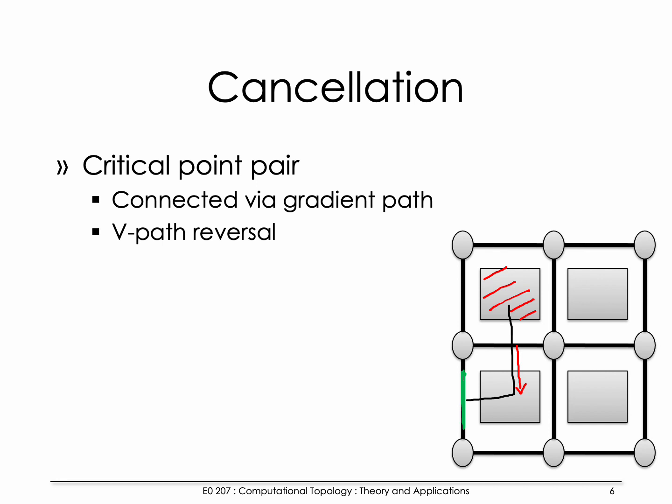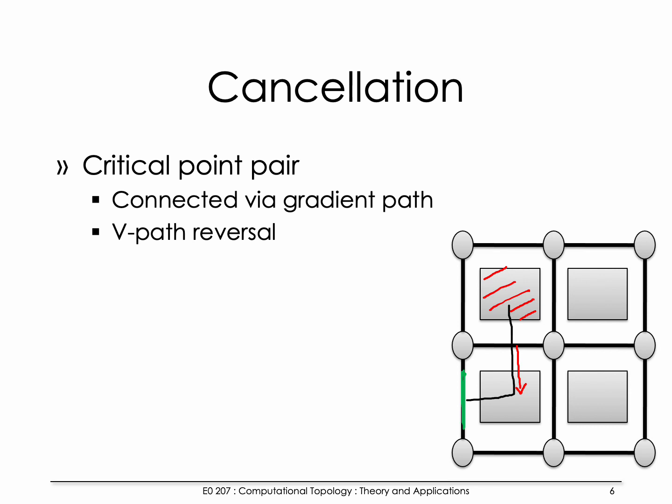In the smooth case, we talked about critical point pair cancellations and how they can be used as an atomic operation to generate a smooth function from a Morse function f.